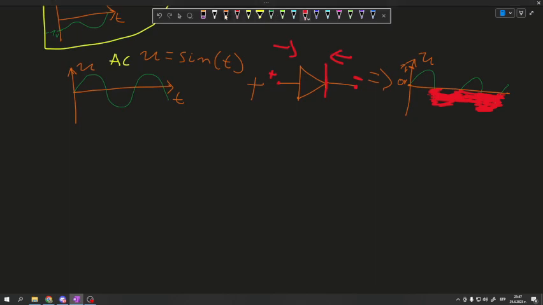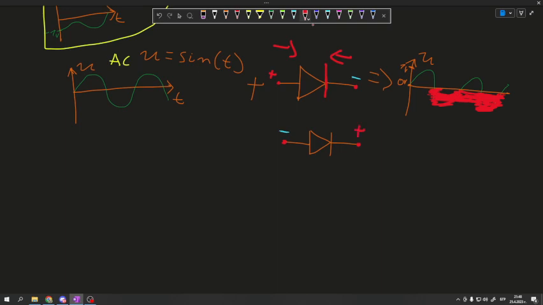And if I draw a diode again for the bottom region, the poles will change. This minus will go here, and the plus will go on the opposite side.